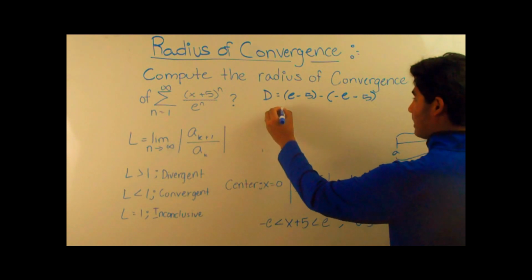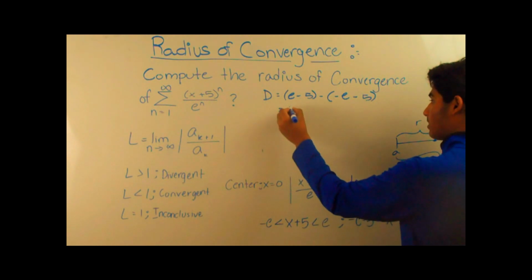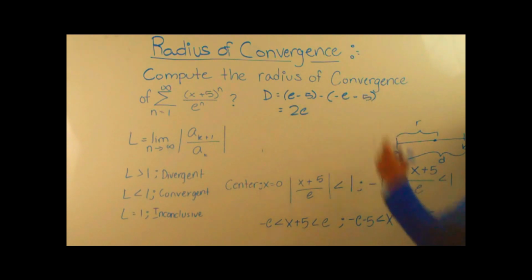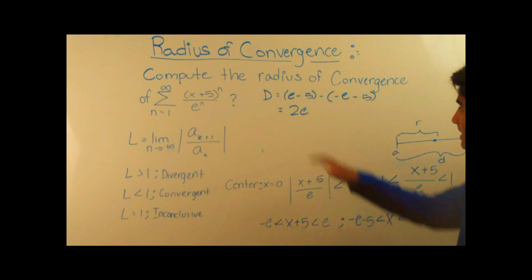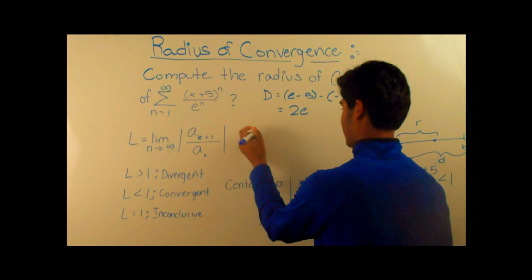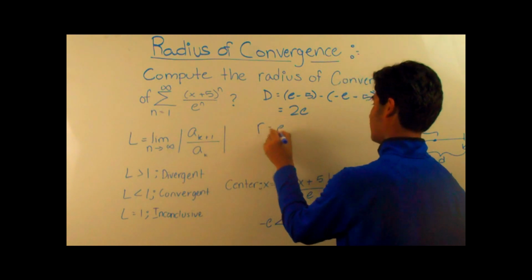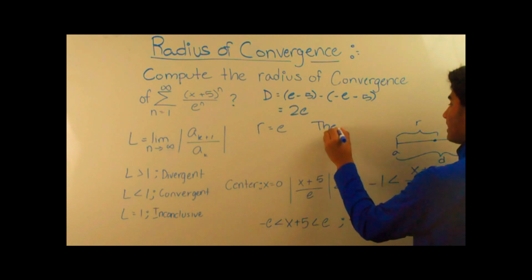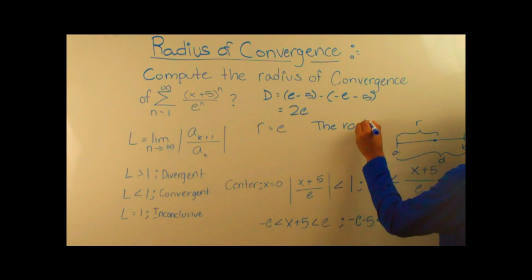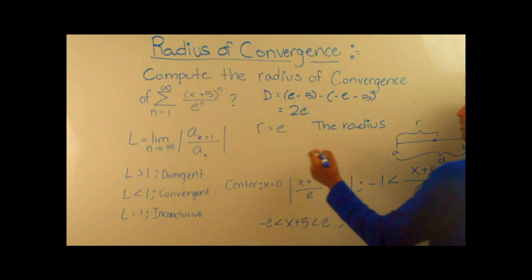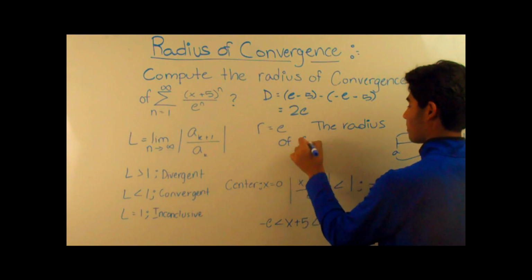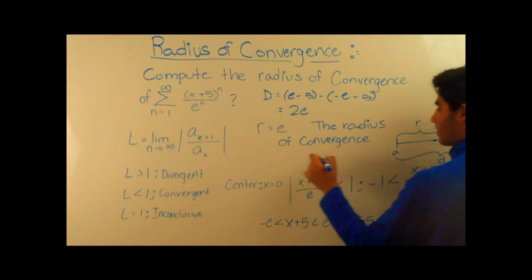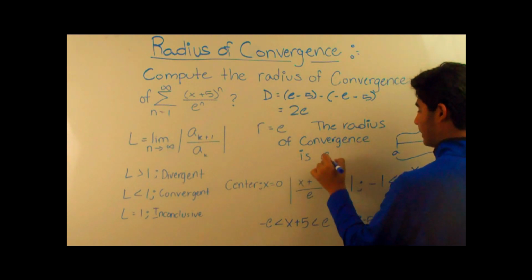So this would be equal to e minus negative e is 2e, minus 5 plus 5, because we have minus negative 5, is equal to 0, giving us that the diameter is 2e, meaning that the radius equals e. So the answer to this problem is the radius of convergence is e.